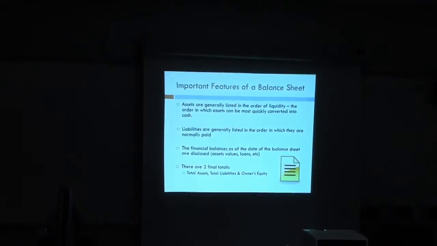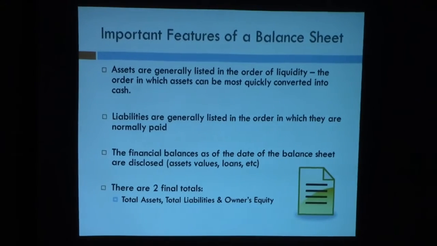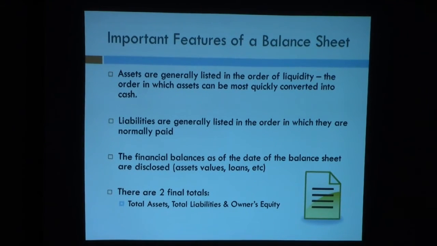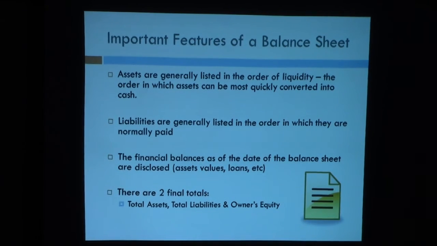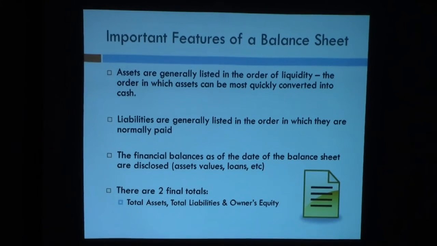Some of the important features of balance sheet. Now some of these features or some of these concepts can be challenged or are also not in practice in all forms of accounting globally, but generally speaking, this is how the assets and liabilities are listed. So you can see that assets are generally listed in the order of liquidity, which means the order in which assets can be most quickly converted to cash.